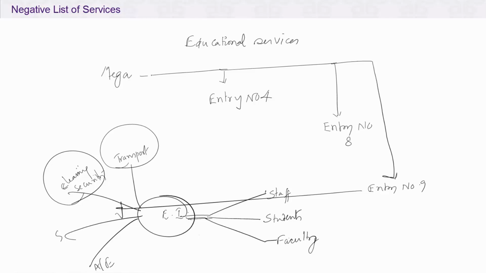And similarly, so others like catering services, catering, cleaning or security services, okay, and then any service relating to admission or examination. So these services non-taxable.